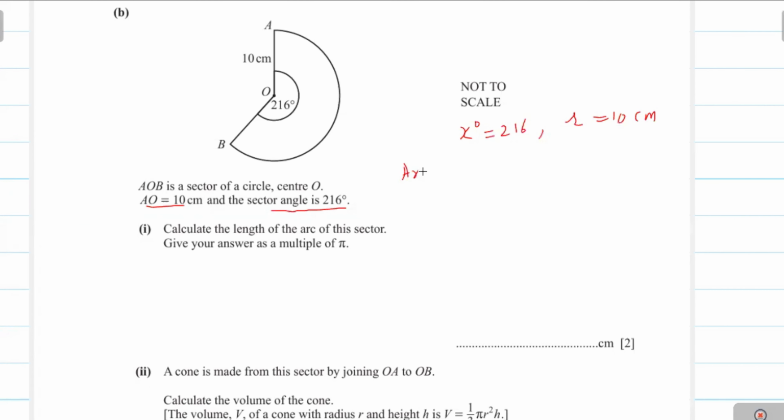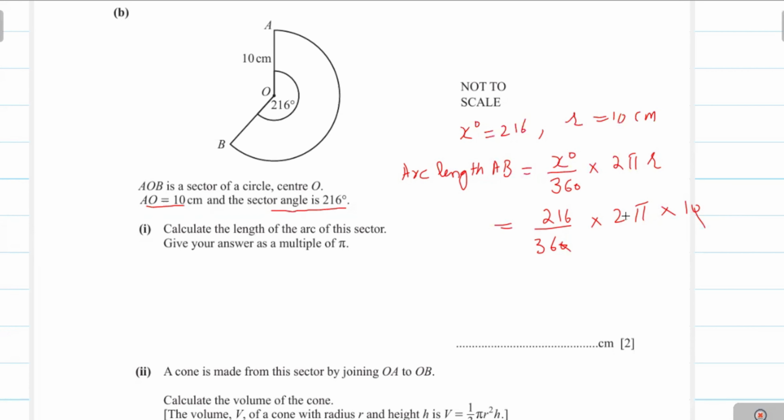We write here arc length AB will be equal to x degree divided by 360 multiplied by 2 pi r. Here x is 216 divided by 360 multiplied by 2 pi, r is 10. Now 0 will be cancelled.